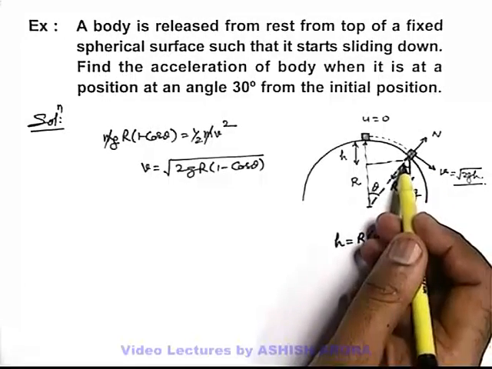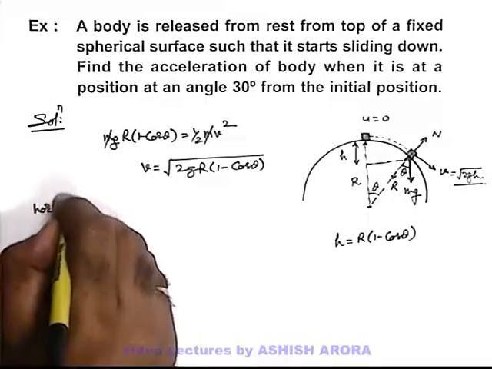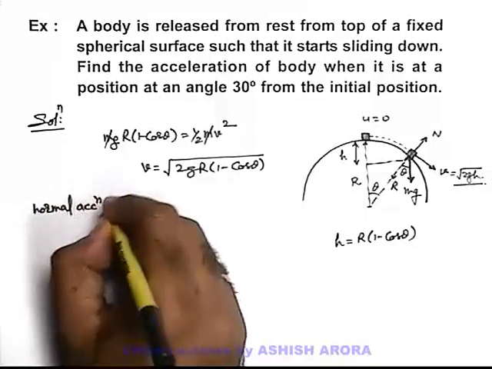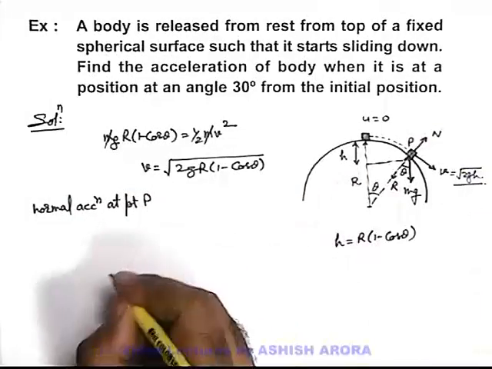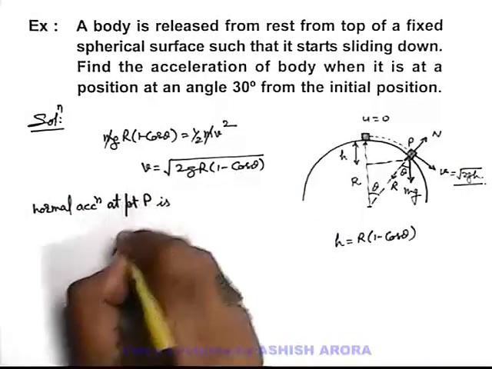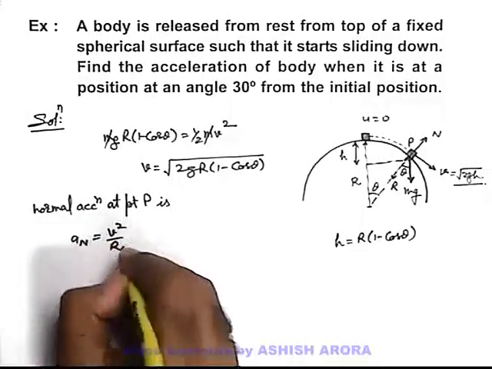If we just talk about acceleration at this point, we can simply say the normal acceleration at point P, say this point we denote by P, is, as we know very well, v square by r.